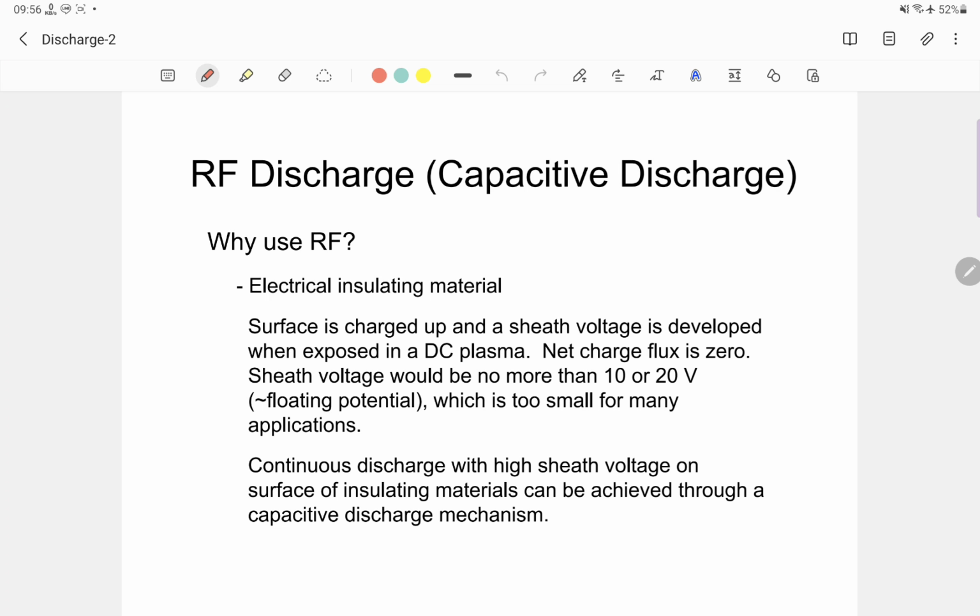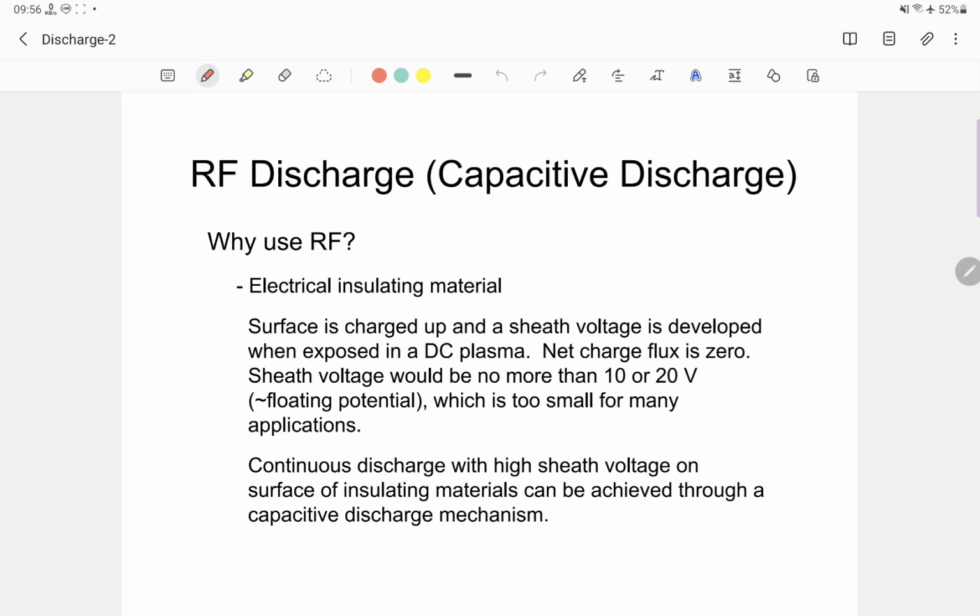At the beginning of the chapter in Chapman's book, he points out why people use an RF power supply rather than just a DC power supply to generate plasma. There must be reasons.